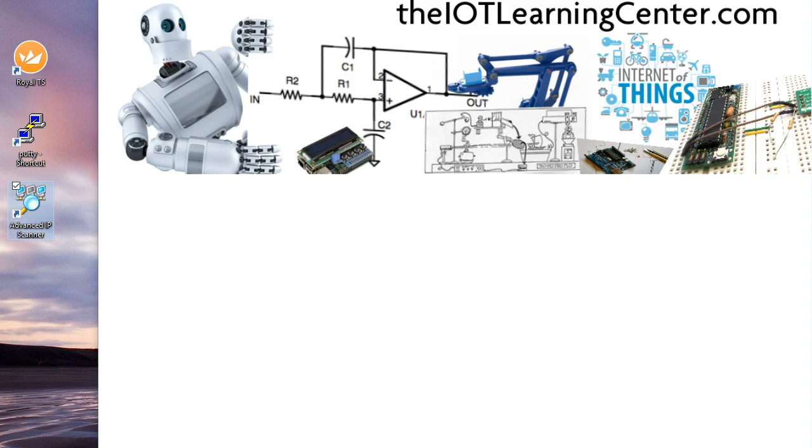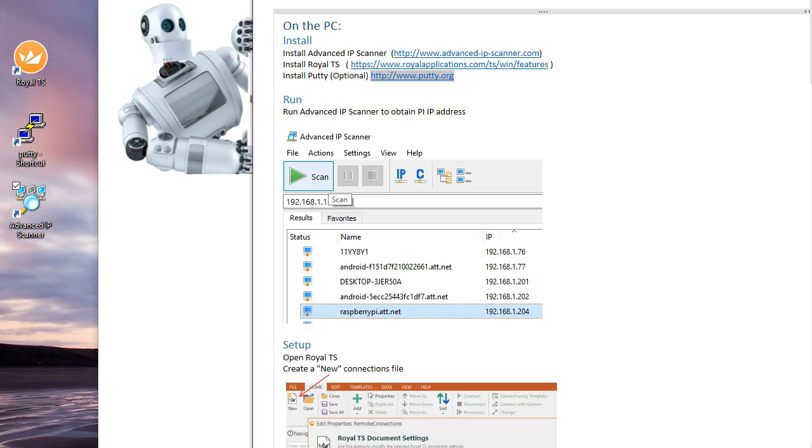To begin the process, we have to get a few pieces of software installed on our Windows PC. If you've already done these, that's great. They were in the first video, but if not, we need to take some time and do them now.